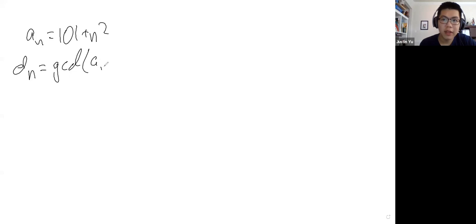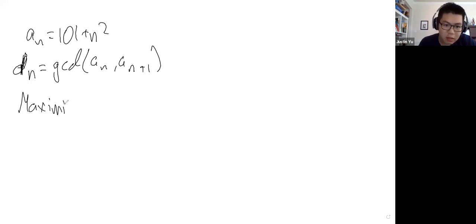Okay, here is the problem. a of n is equal to 100 plus n squared. d of n is GCD of a n and a n plus 1. You could continue it all the way down to 0. Maximize d n. This is the question.